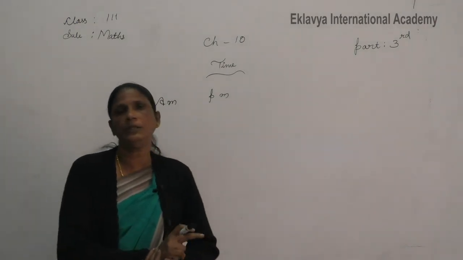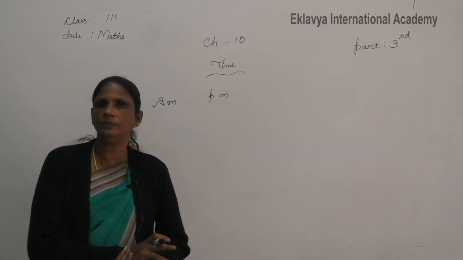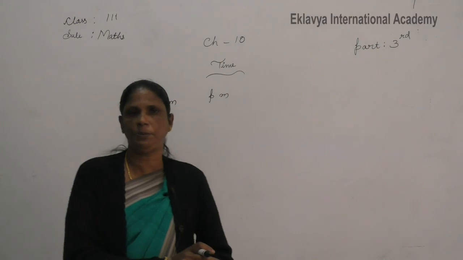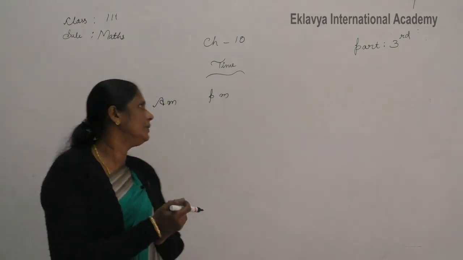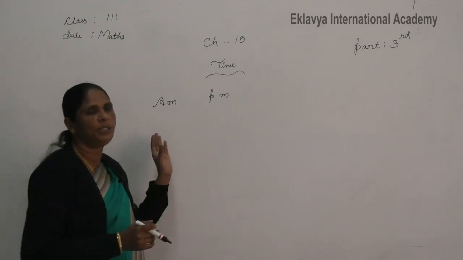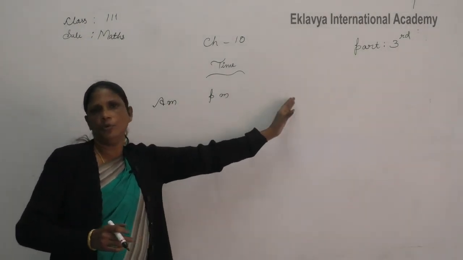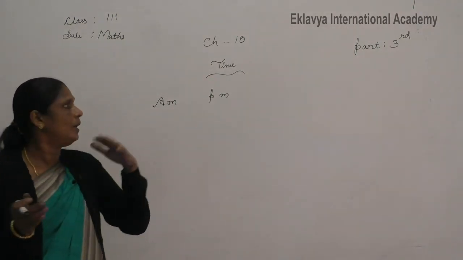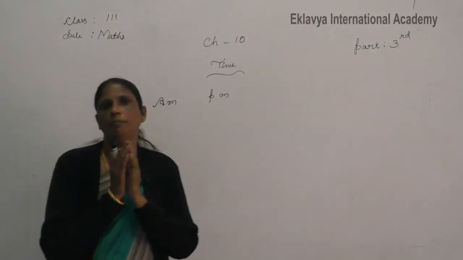In the morning 9:15, AM or PM? AM. At night 9:15, AM or PM? PM. The time between midnight to noon is AM. The time between afternoon to before midnight is PM.